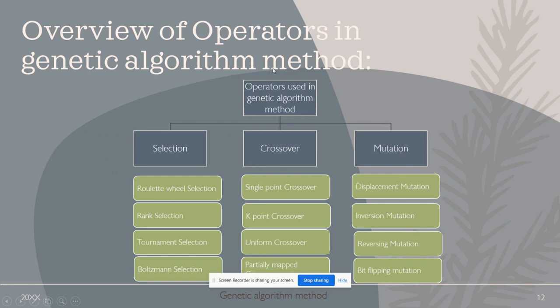So these are the varieties of operators in the genetic algorithm method. Selection, crossover, and mutation are the key operators. There are a few types of selection here: roulette wheel selection, rank selection, tournament selection, and Boltzmann selection. Roulette wheel selection is like spinning a wheel, so that the fittest one gets the highest probability to be selected.